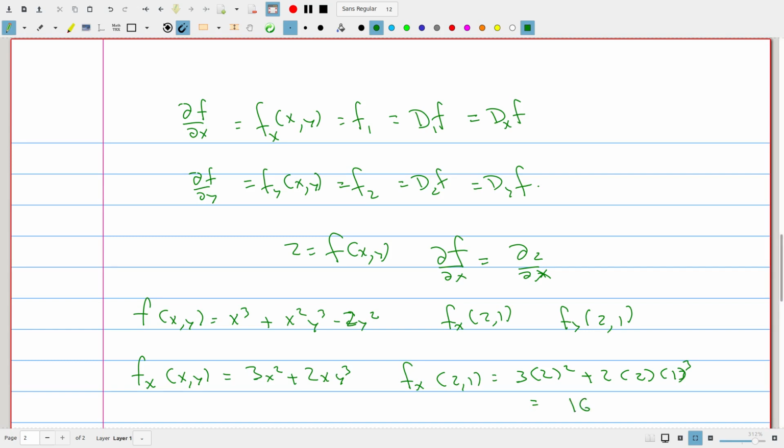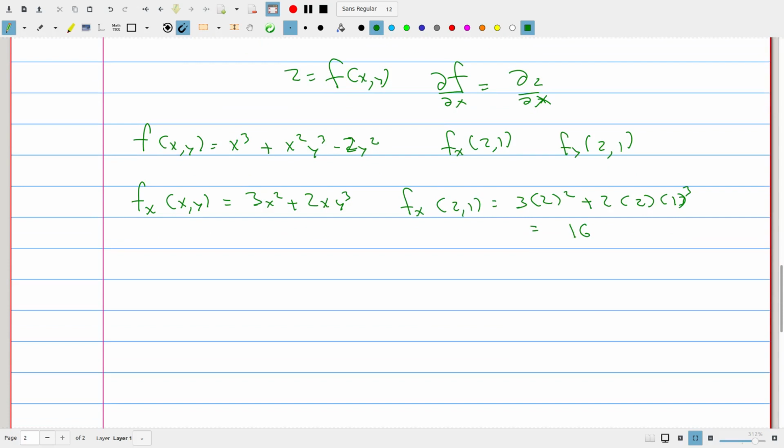When you're finding f sub y, you hold x constant. So here you're holding y constant, and here you're holding x constant. So f sub y equals, if you hold x constant, the first term goes to 0.